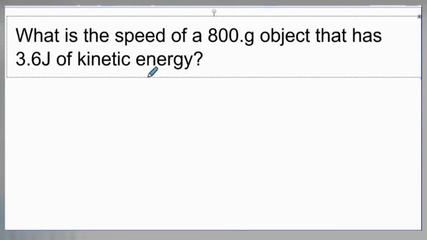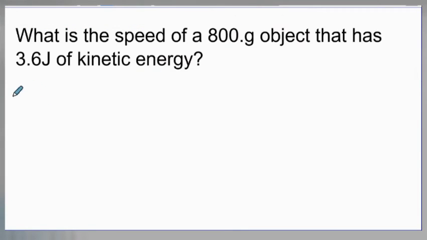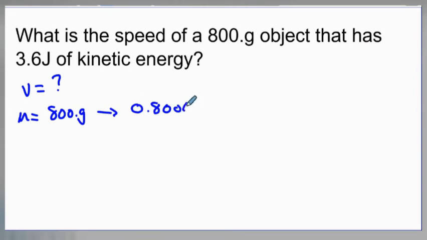Here's the second example. What is the speed? Okay, I want to know the speed. I don't have a direction. I have a mass. Mass is 800 grams. Uh-oh, I don't like that. I'm going to immediately turn that into kilograms. And I have 3.6 joules.